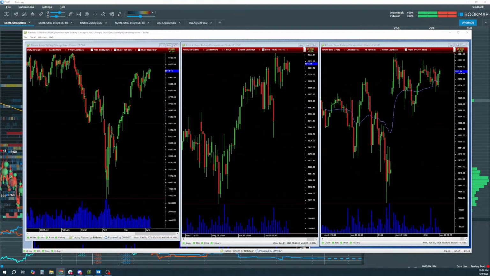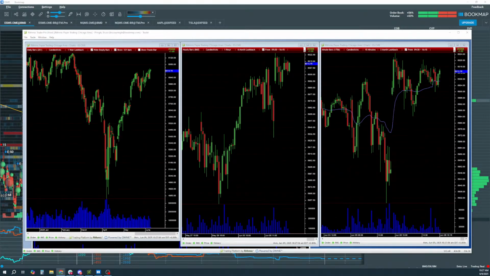Those are the two big events from economic releases this week. And geopolitically, there's all sorts of stuff going on, but markets are responding to it in a bullish way so far.